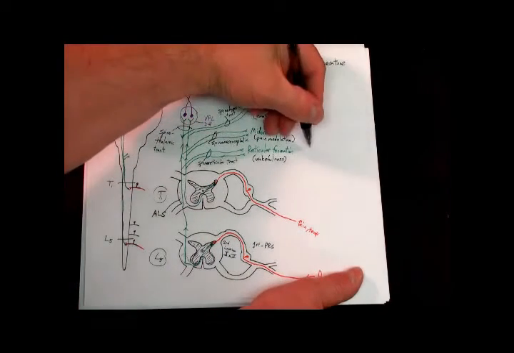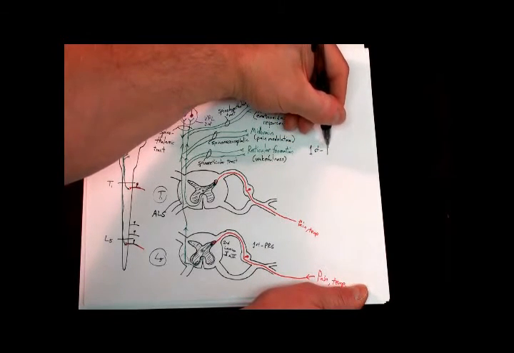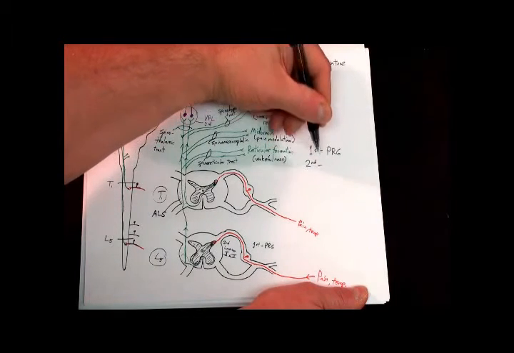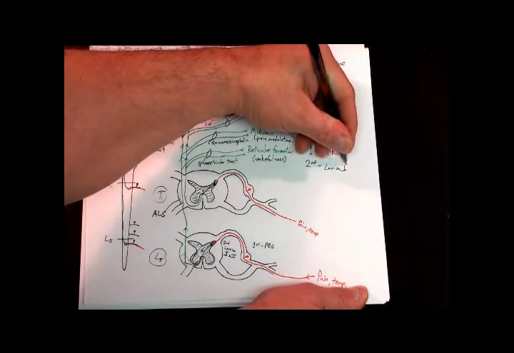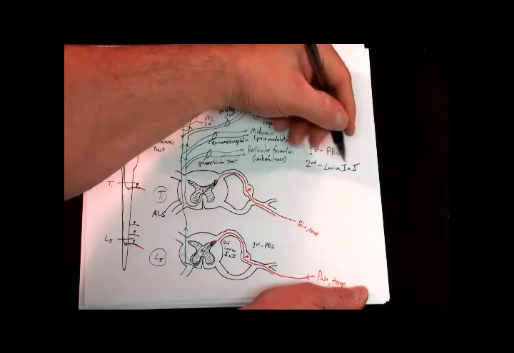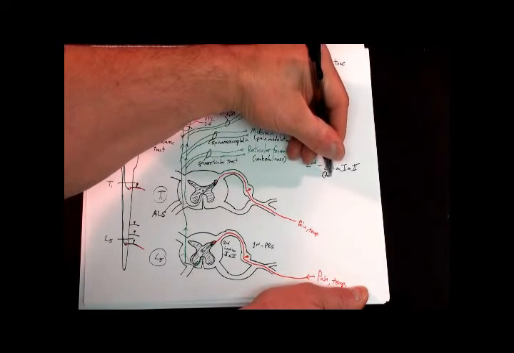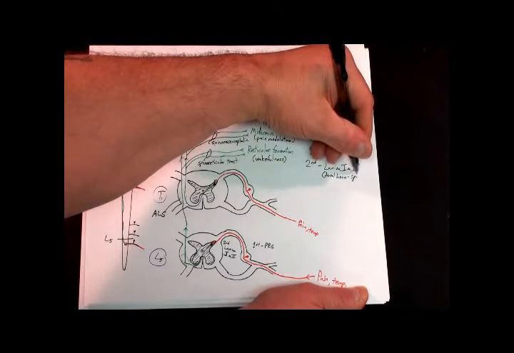And its first cell body, just like the other, is located in posterior root ganglion. Second cell body is the only real difference. It's located in lamina 1 and 2. And again, that's a massive simplification of the dorsal horn of the spinal cord.